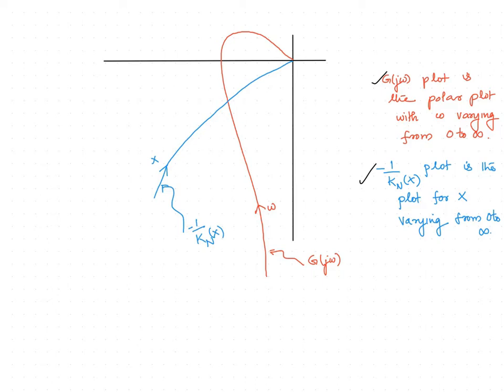In the stability analysis, the G(j omega) plot is superimposed on the minus 1/Kn(X) plot. We can see that G(j omega) as well as minus 1/Kn(X) are complex numbers for different values of omega and X respectively.